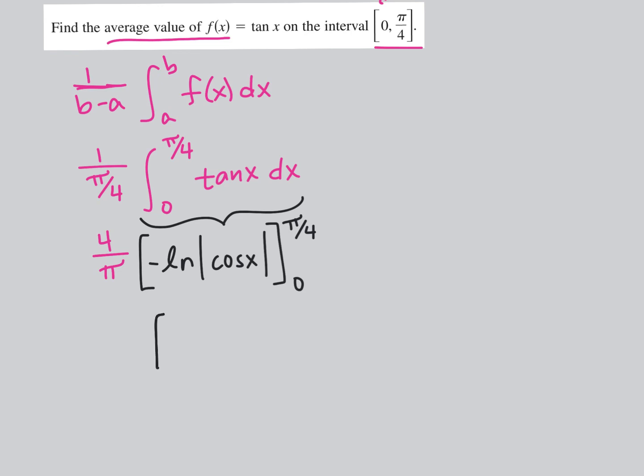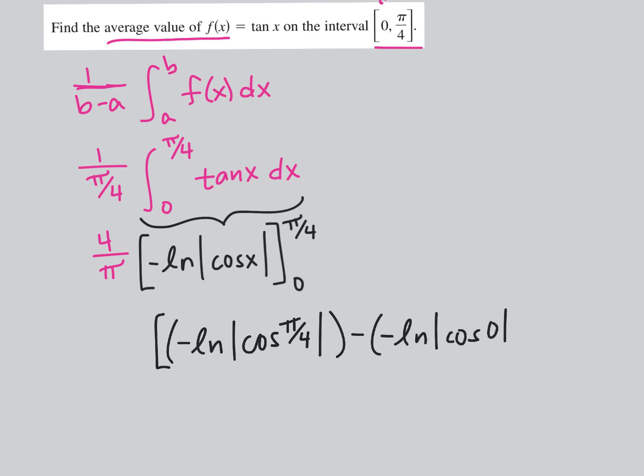So we'll have negative natural log of the absolute value of the cosine of pi over 4. Then minus negative the natural log of the absolute value of the cosine of 0. Then I'll keep the 4 over pi out front. We don't want to forget about it.